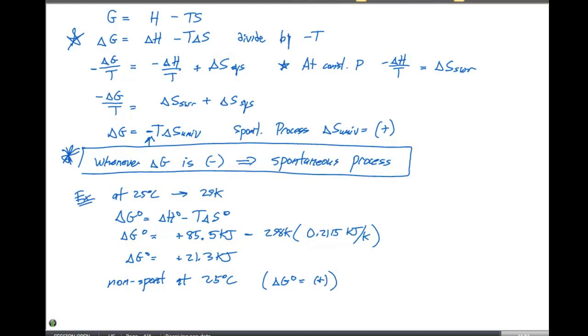So if this term right here can be made negative, the more negative this term is, the more likely to be spontaneous. What do we have to do to make that term more negative? In this case, if we increase the temperature, that second term has a more likelihood to become negative.